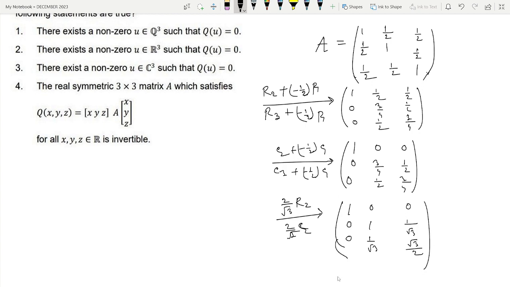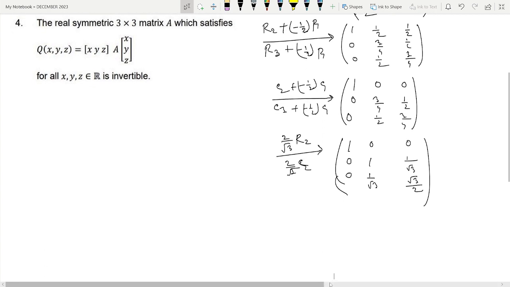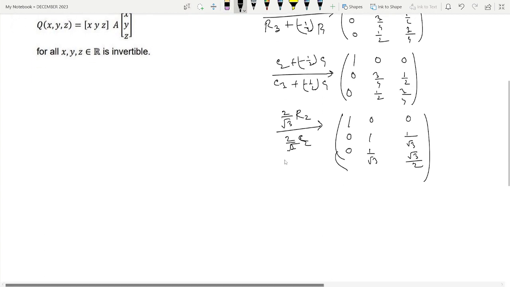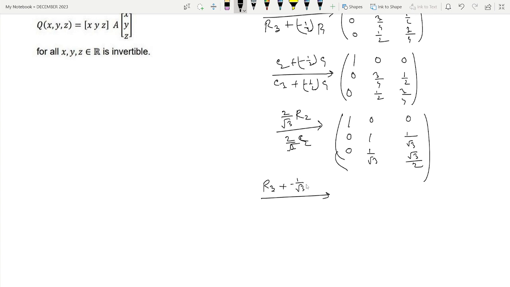Okay, then again we have to apply the congruence operation. We have to apply R3 plus minus 1 by root 3 R2. So we will get this unchanged, 1 0 0. This is also unchanged, 0 1 1 by root 3, and this is 0.